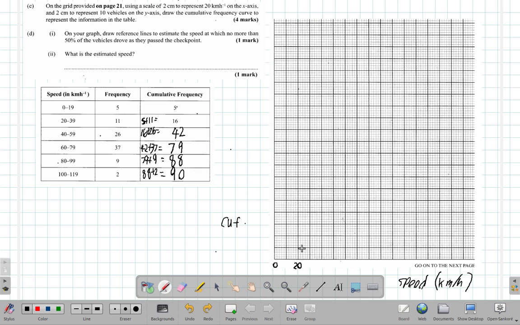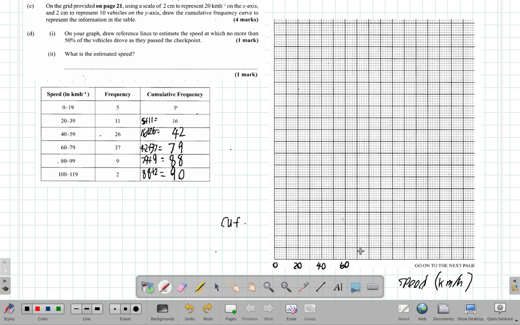Then 1 centimeter, 2 centimeters gives you 20 more, so 20 on that 20 gives you 40 kilometers per hour. 2 more centimeters gives you 20 more kilometers per hour, so the 20 and the 40 gives you 60.